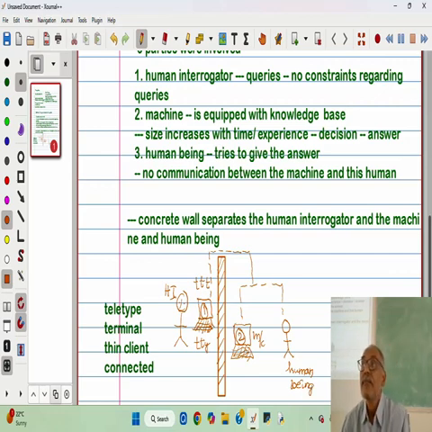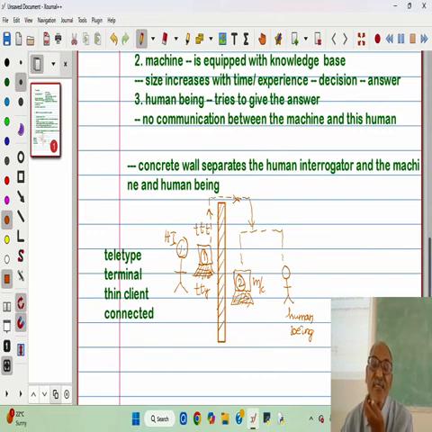Okay, now my point here is that the query would be going from the human interrogator and it reaches the two parties. One, the machine, another one is the human being. Both the parties would be receiving. Are you with me? Now my question here is that suppose the human interrogator asked the question, capital of India.